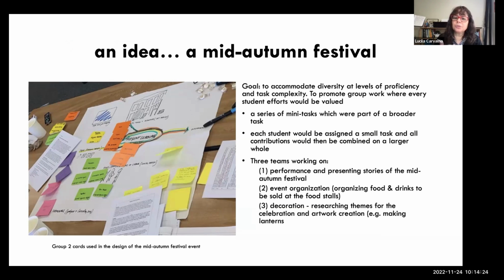So they designed a lot of mini tasks that would be part of this broader task, and each student would be contributing something, and in combination they would see themselves as part of this event, this festival. They are quite detailed in the design, with different kinds of tasks, but connected to three main teams and areas, right?